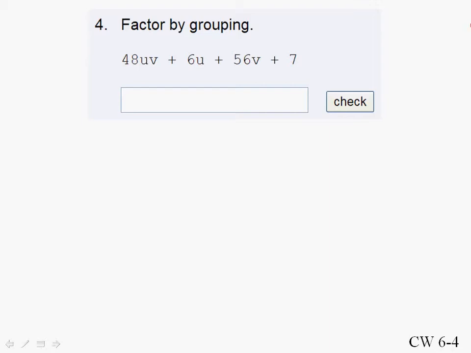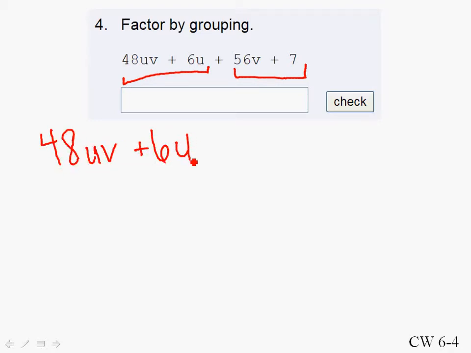If I factor by grouping 48uv plus 6u plus 56v plus 7, okay, I'm going to group the first two and the last two. Okay, so 48uv plus 6u, the greatest common factor is 6u.